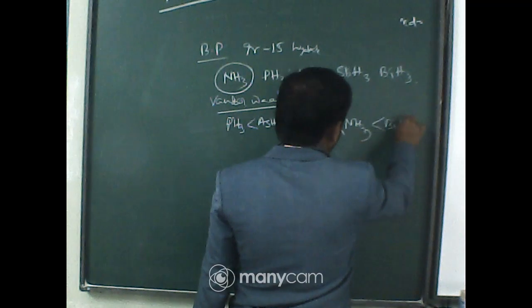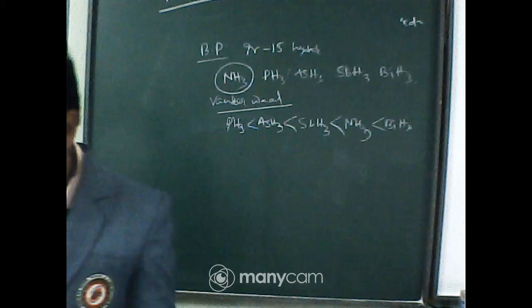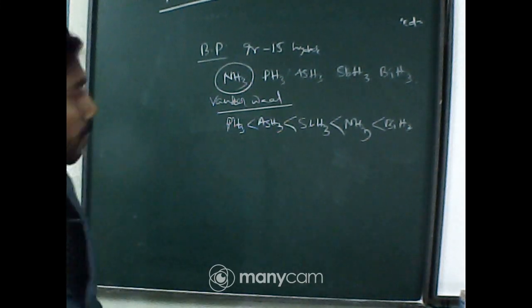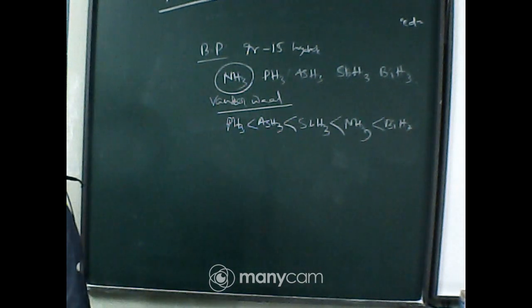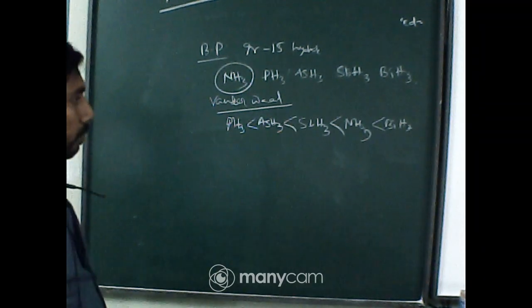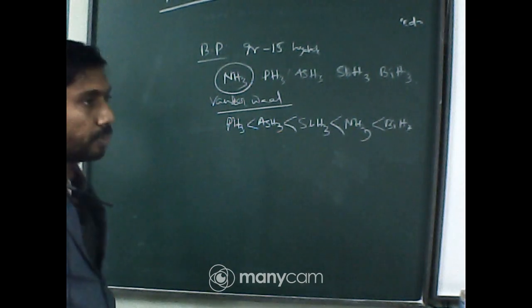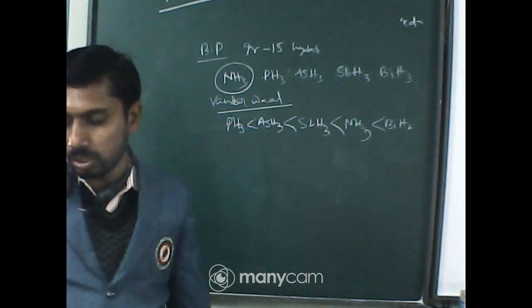After that it is BiH3. It is due to van der Waals force of attraction. So this is the question: arrange the group 15 hydrides with respect to their boiling point.